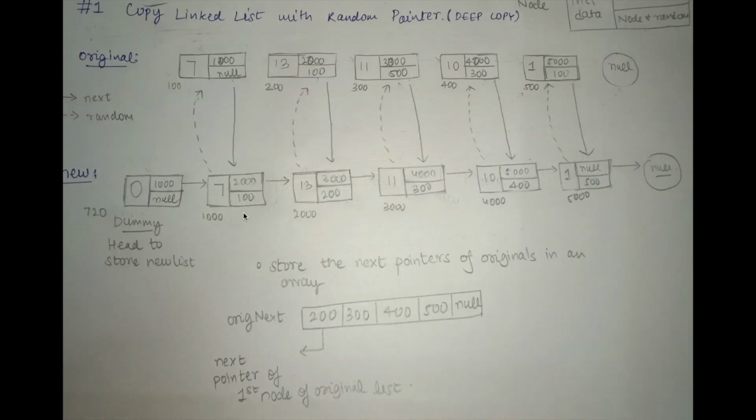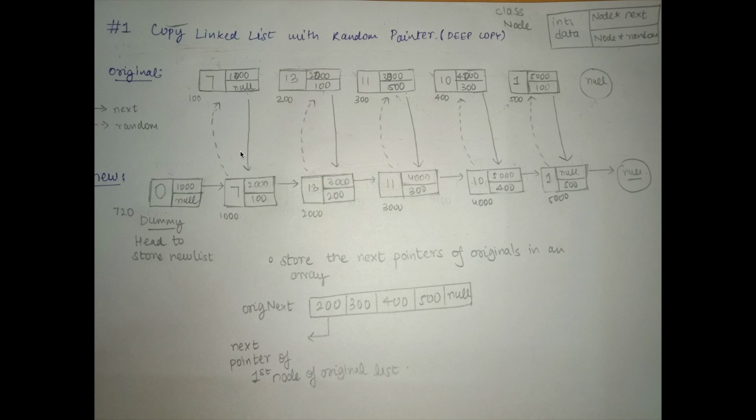So here is how we are going to fix the random pointers. We'll do two things here. The random pointer of the new nodes is going to point to its corresponding nodes in the original list, like the first node of the new linked list is pointing to the first node in the original linked list. So that is a random pointer pointing to its corresponding node.